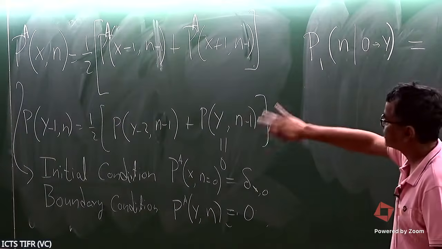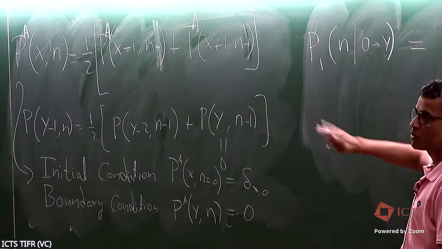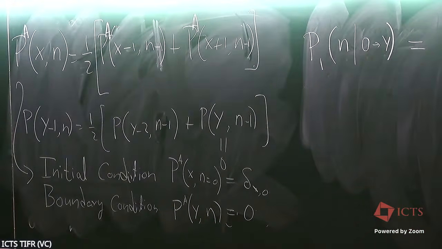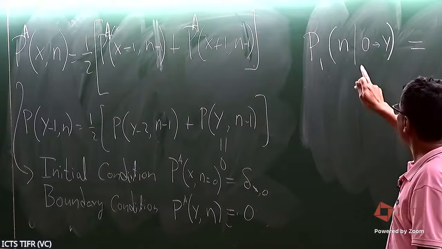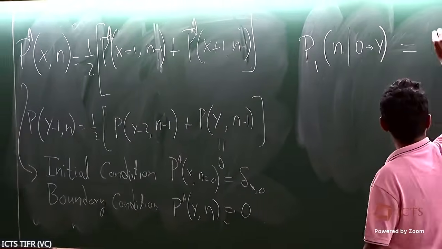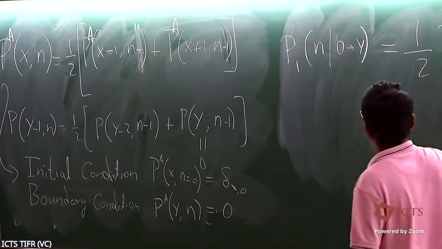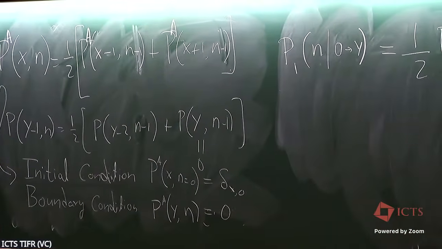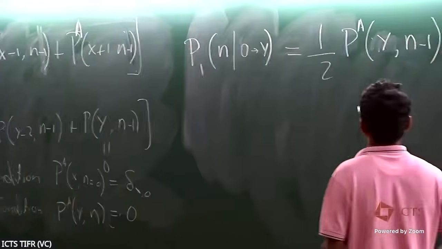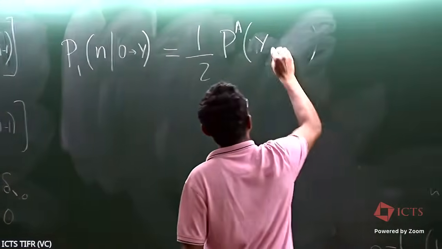So I've solved this problem, with whatever boundaries, and I take that solution and ask, at the previous time step, what was the probability of being at y. And if I'm there, then with probability half, I will move to y. So I should put a half here.